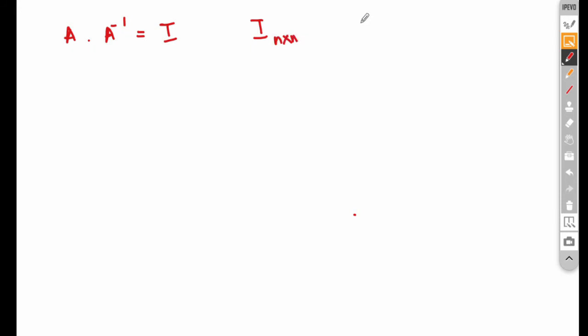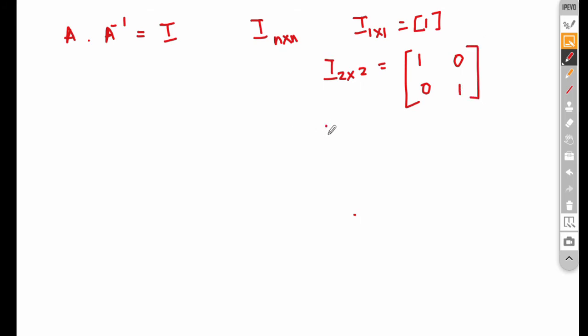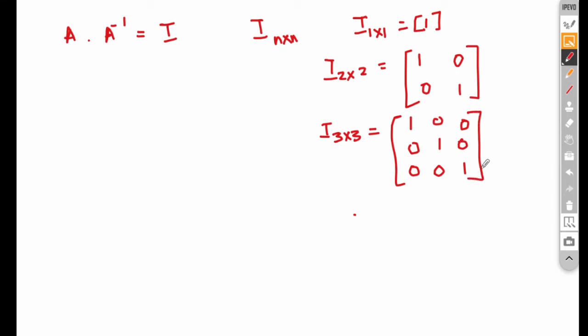For instance, a 1 by 1 identity matrix is just a 1, a 2 by 2 identity matrix is going to be 1, 0, 0, 1, and a 3 by 3 identity matrix is going to be a 3 by 3 matrix with diagonal elements as 1 and all off-diagonal elements as 0, and so on and so forth.